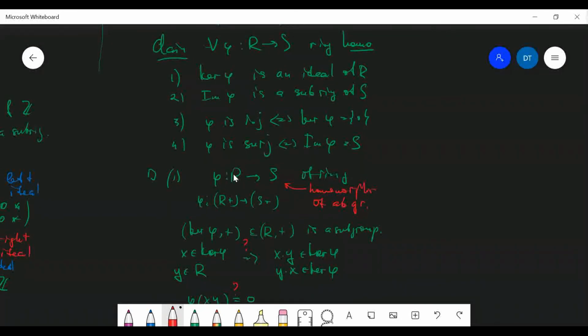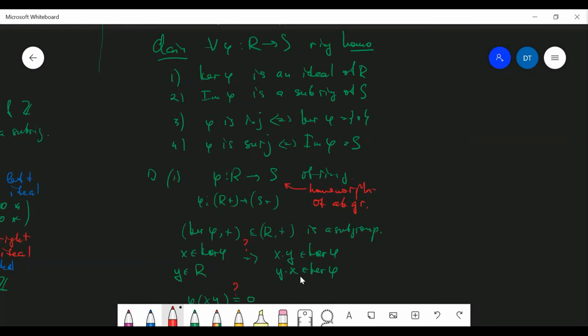If you forget the multiplication from R and S, then this becomes a homomorphism of abelian groups, and the kernel of a homomorphism of abelian groups is a subgroup. This is how I prove that the kernel is a subgroup inside R plus.